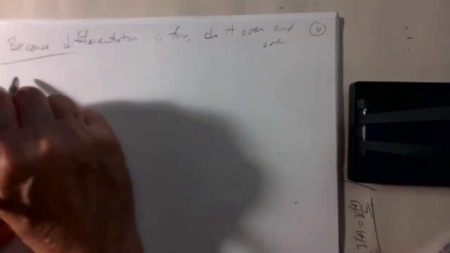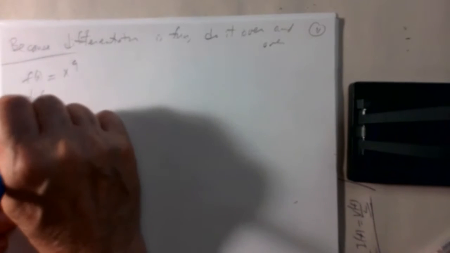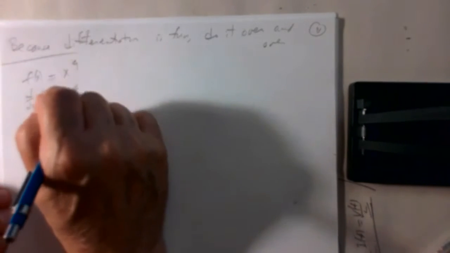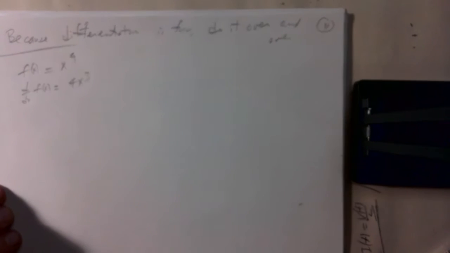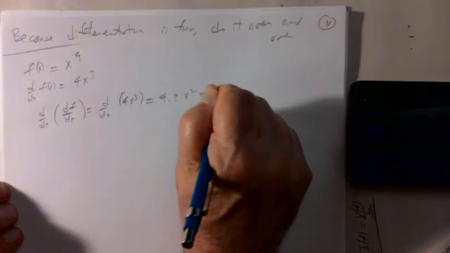Well, suppose I have the function f of x equals x to the fourth. Let's find the derivative of f of x. It's 4x cubed. Well, good. If we like to differentiate, let's take the derivative of the derivative. That's the derivative of 4x cubed. That's 4 times 3x squared, or 12x squared.